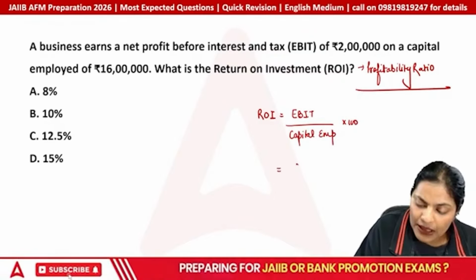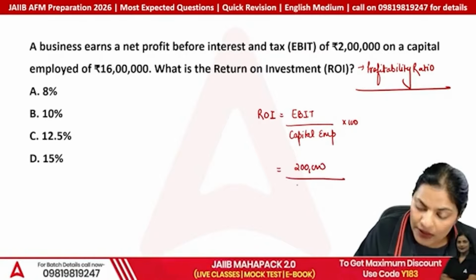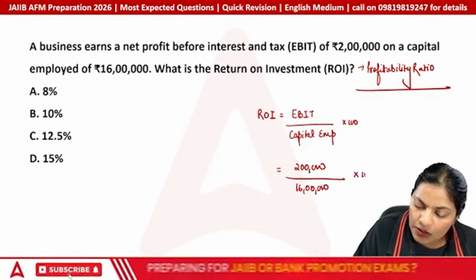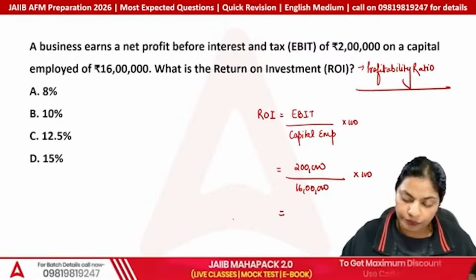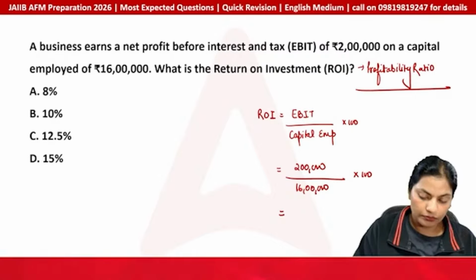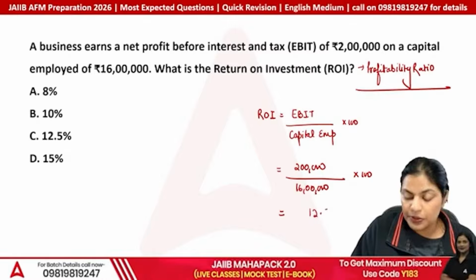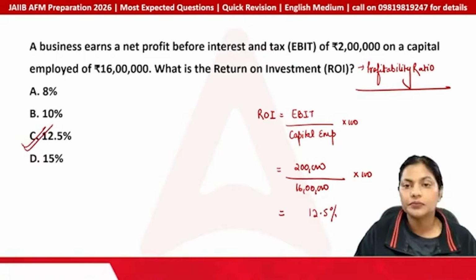So we have an EBIT of 2 lakh. Our capital employed is 16 lakh into 100. So this would be 12.5%. That's option number C, right?